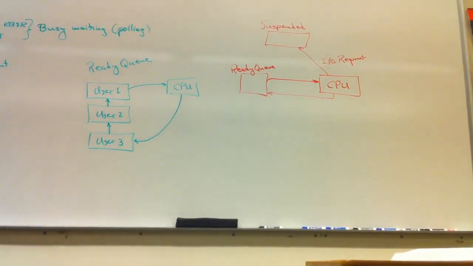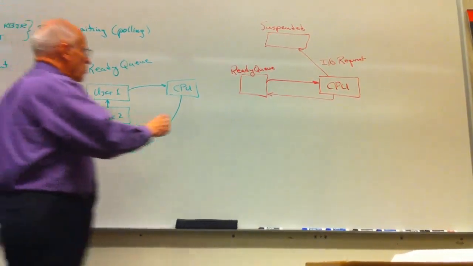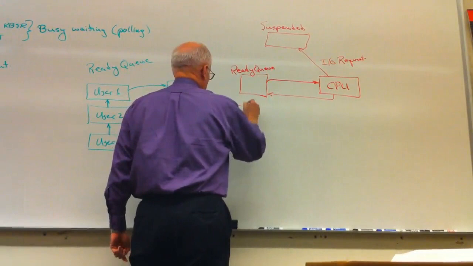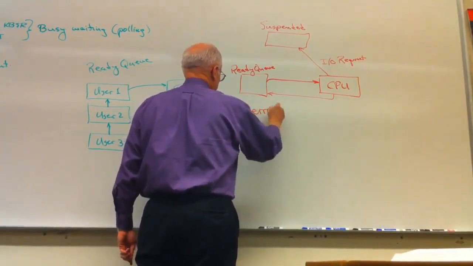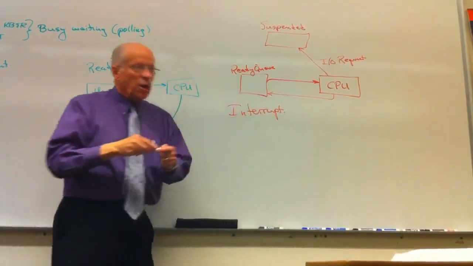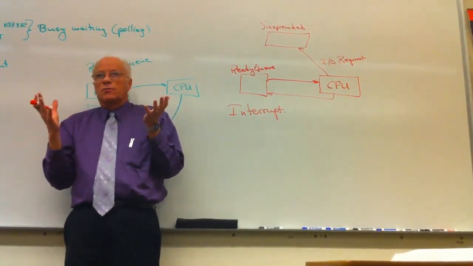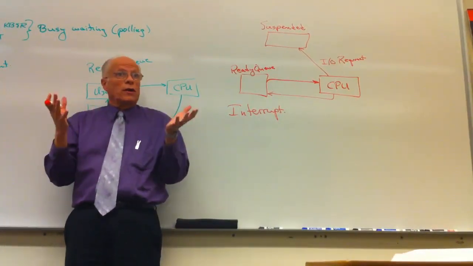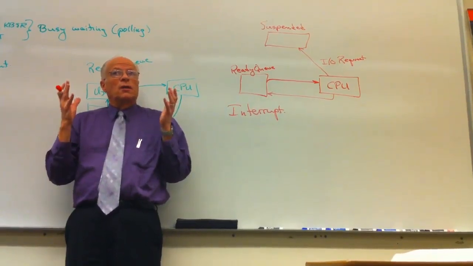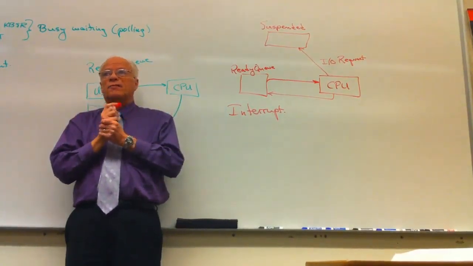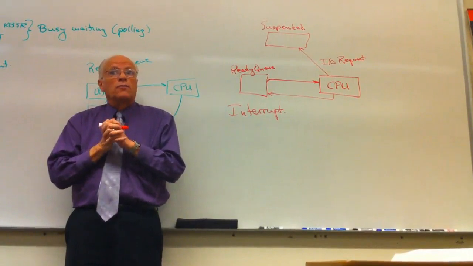Now, the mechanism that is used for this is called an interrupt. If you think about this process for a moment, you'll see that now the operating system, the thing that's actually running the CPU, has a lot of things to keep track of.